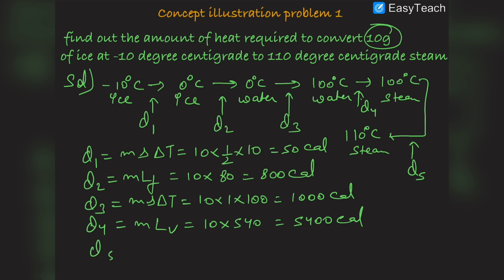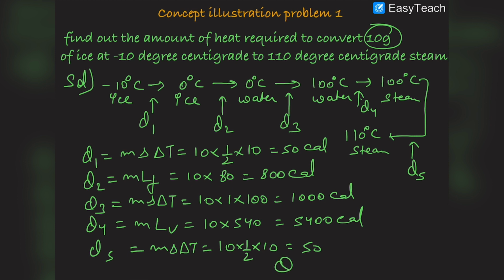And Q5 will be the conversion of 100 degrees Celsius steam into 110 degrees Celsius steam, which is the raising of the temperature of the steam. So it would be ms delta T again, and m is 10, s is half, delta T is 10, so it would be 50.